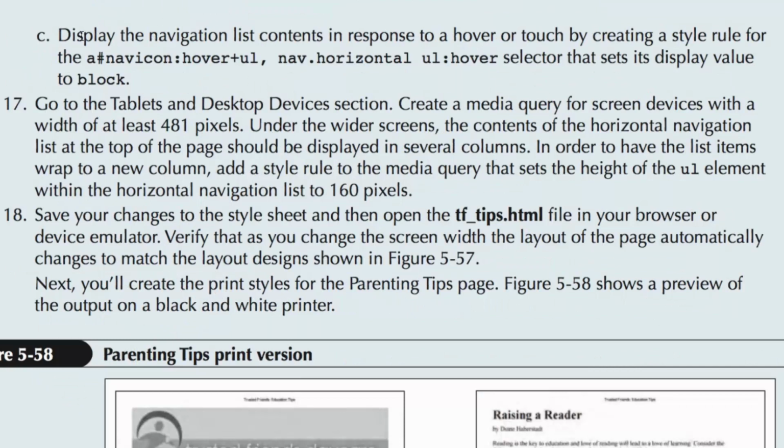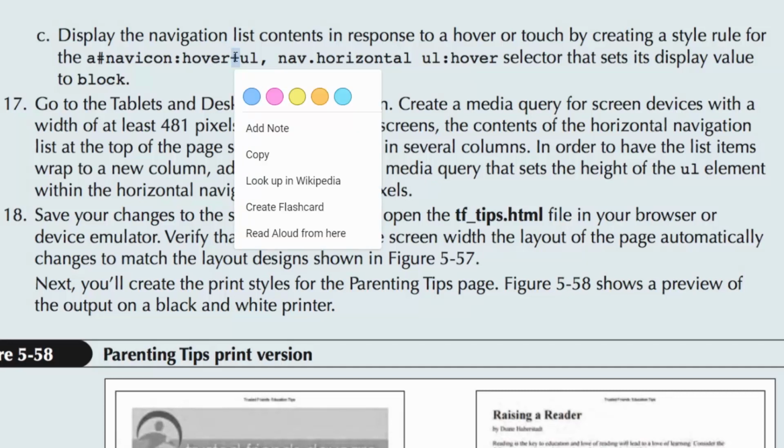And then in step 16C, we'll display the navigation list contents in response to a hover or a touch by creating a style rule for the anchor hashtag nav icon :hover, so the pseudo selector hover, but then also in this case we're using the adjacent sibling selector of UL.